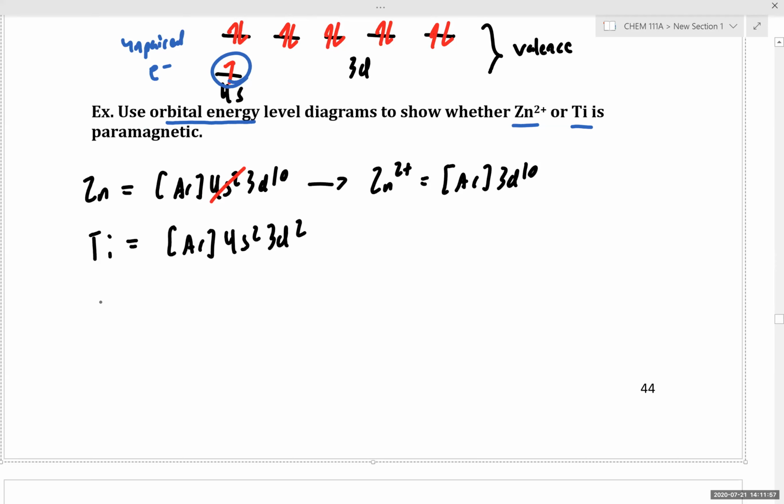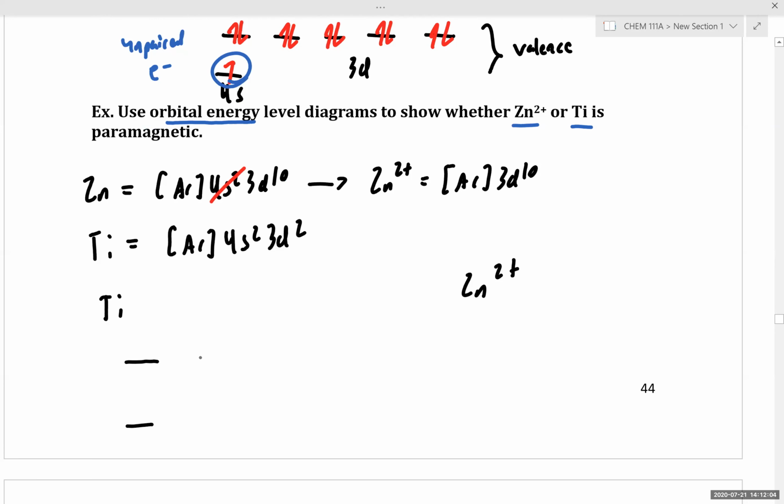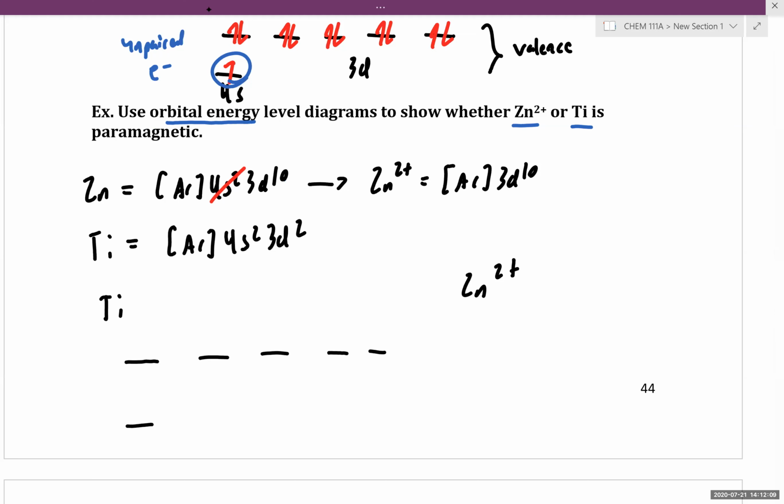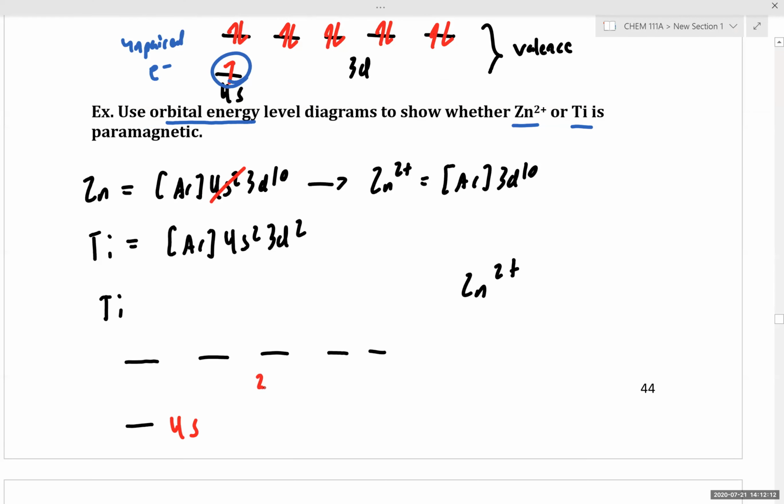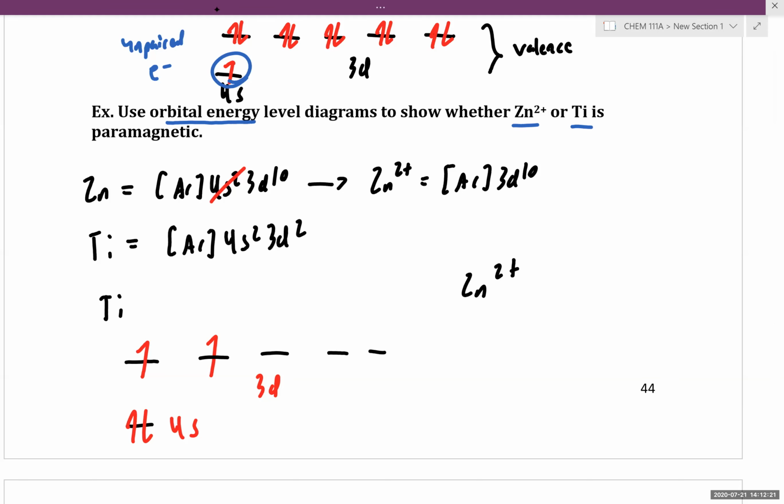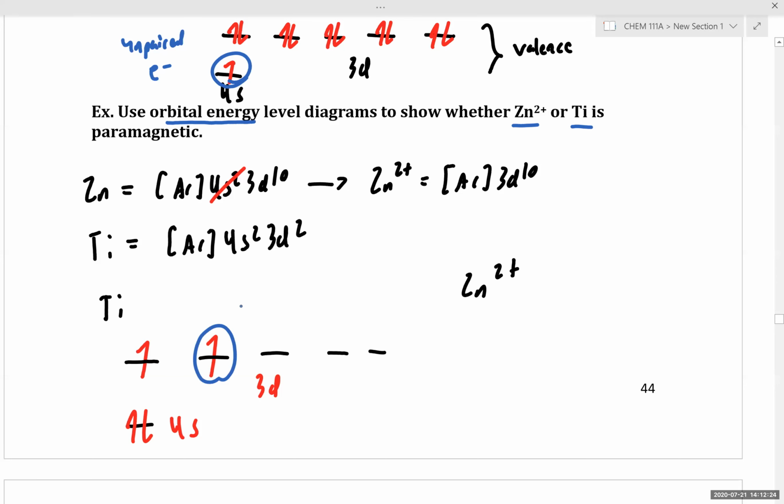Let's look at the configuration of titanium and zinc 2+ from an orbital diagram perspective. For titanium, it looks like first we pair our 4s electrons and then we fill our empty 3d orbitals preferentially. As we can see for titanium, we have 2 unpaired electrons, so titanium is paramagnetic.